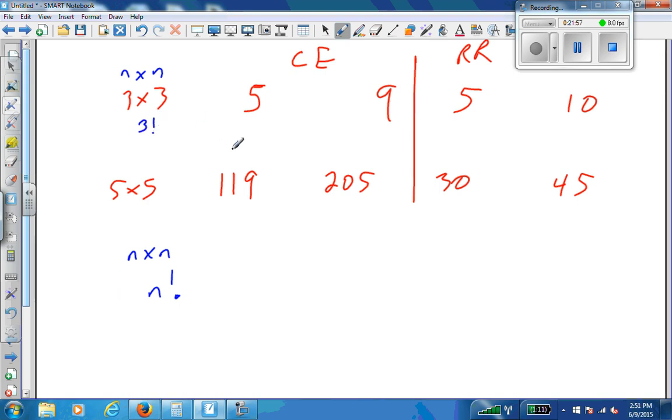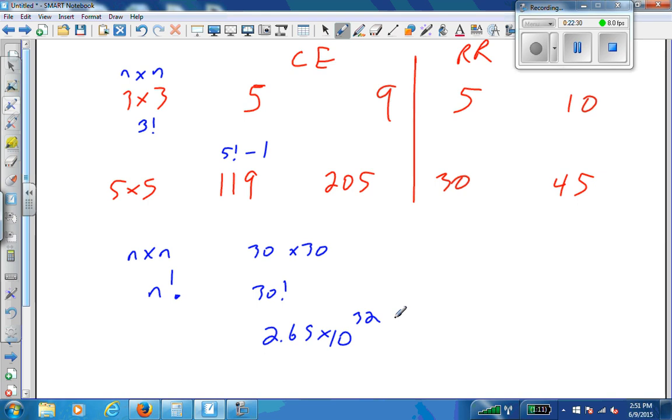This is 5 factorial minus 1. You don't have to understand exactly why that is, but let's suppose we had a system with 30 equations, 30 unknowns. An example of that might be some electrical system. So roughly 30 factorial minus 1, that's something on the level of 2.65 times 10 to the 32nd power.